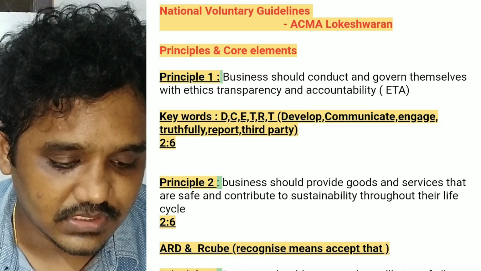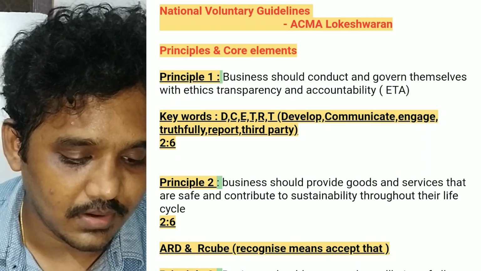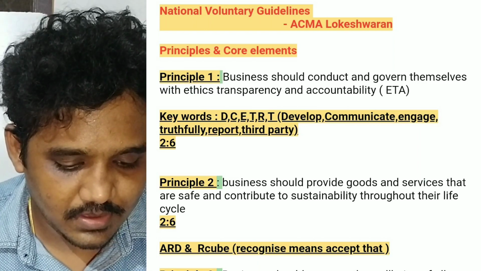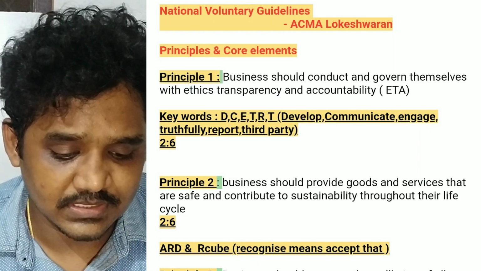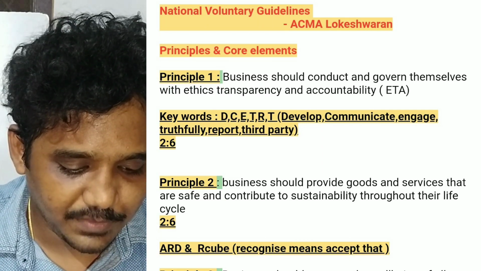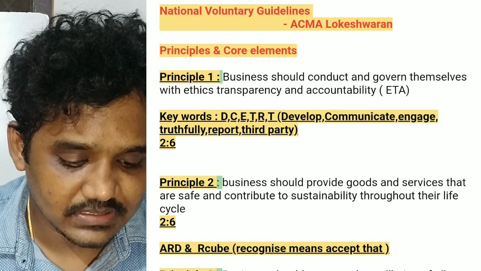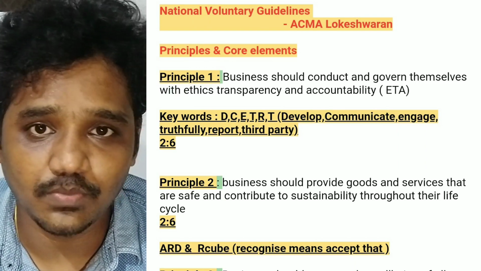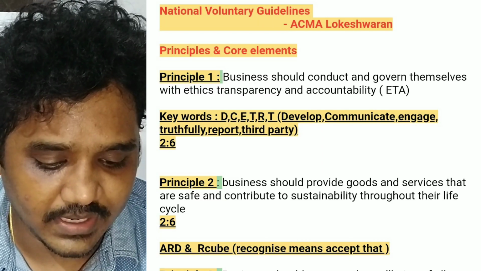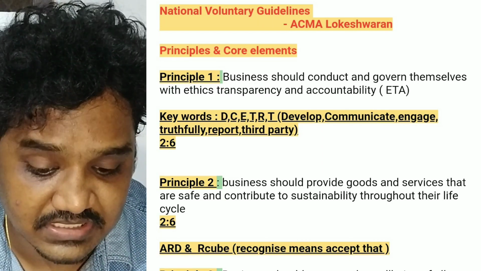Which is nothing but a few points with respect to R. The first R represents regularly review, the second R represents recognize and respect the rights of people, and the third R is recognize that overconsumption results in unsustainable exploitation. So with respect to recognize, there are two things business has to be very careful about. First, recognize and respect the rights of people, and then recognize that overconsumption results in unsustainable exploitation.